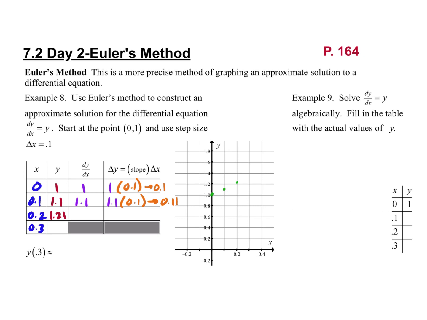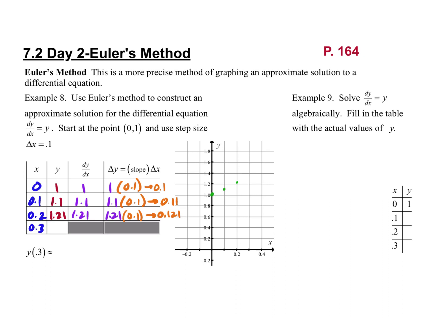Okay. Are we following? Do we have questions about what we're doing? Am I going too slow? Okay, you're okay. All right. So then, in this problem, my slope is 1.1, and I've got to multiply it by 0.1. You get what we're doing. So my y is going to increase by 0.121.